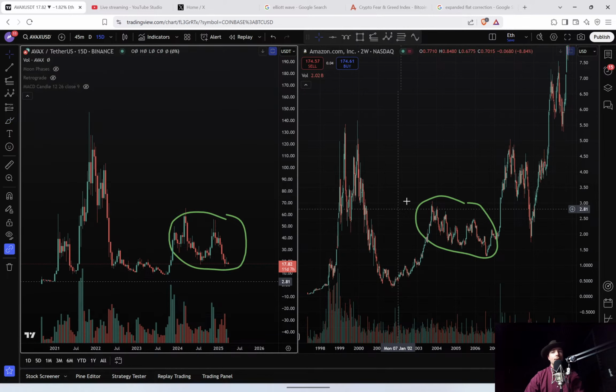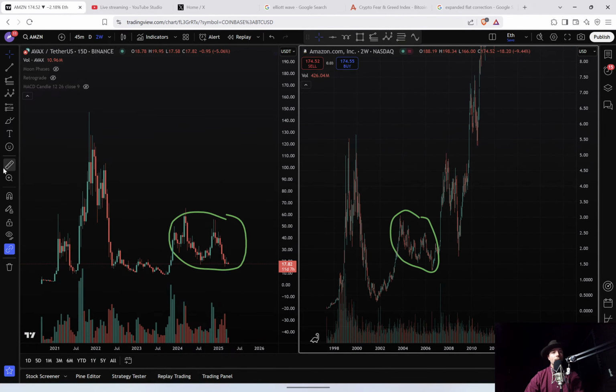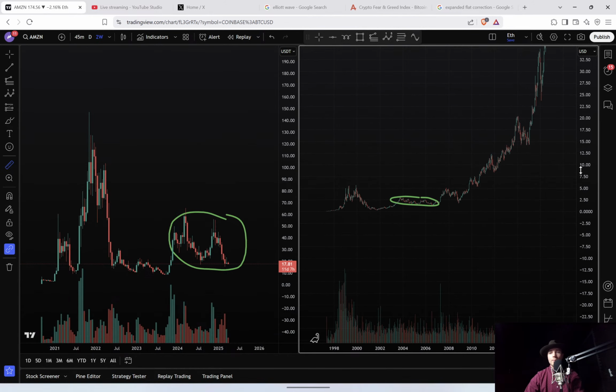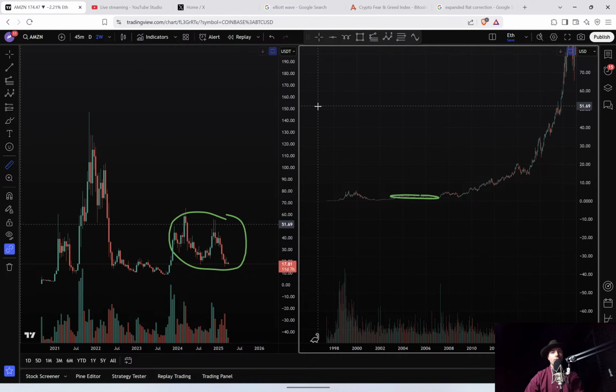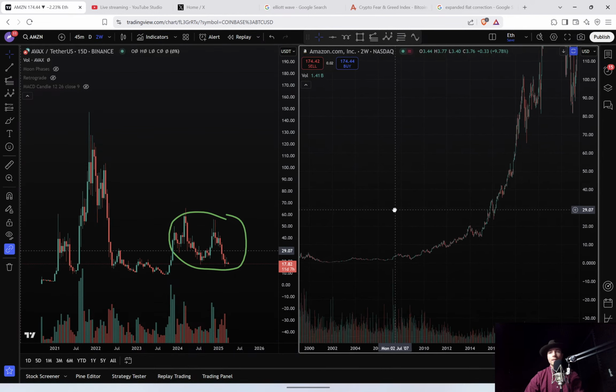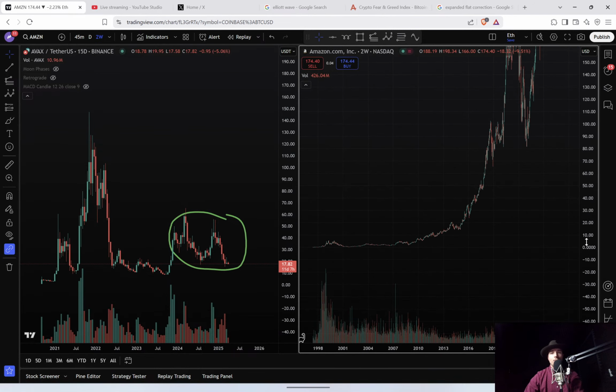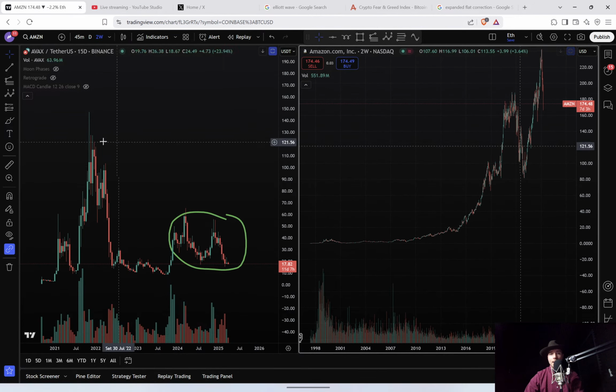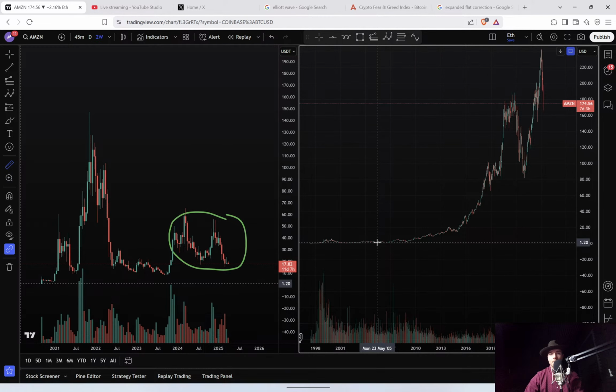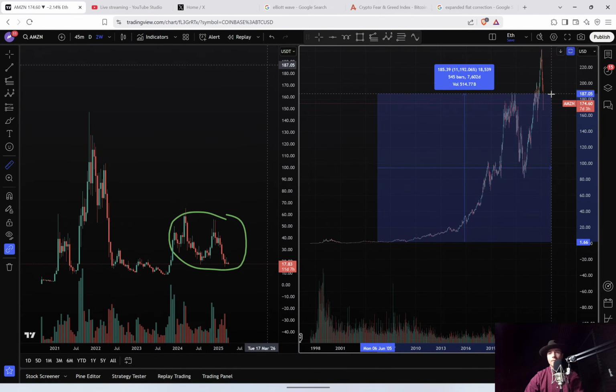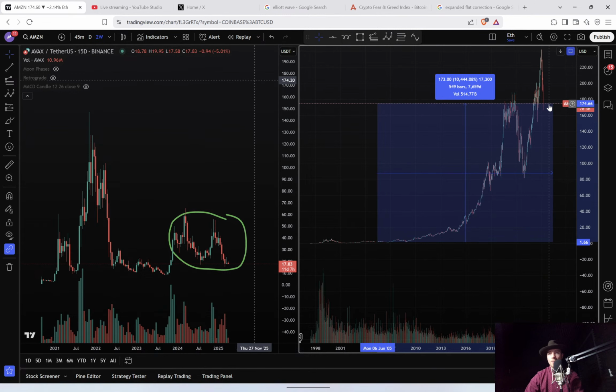And by the way, we can measure the percentage gain from current price. I'm not saying that we're going to get the exact same kind of move here. I'm not saying AVAX has to get as mass adopted as Amazon did. But if we measure the percentage gain from that price up to where we're at right now, it's 10,000% gains. After the internet bubble popped, we saw a 10,000% gain on Amazon.com.